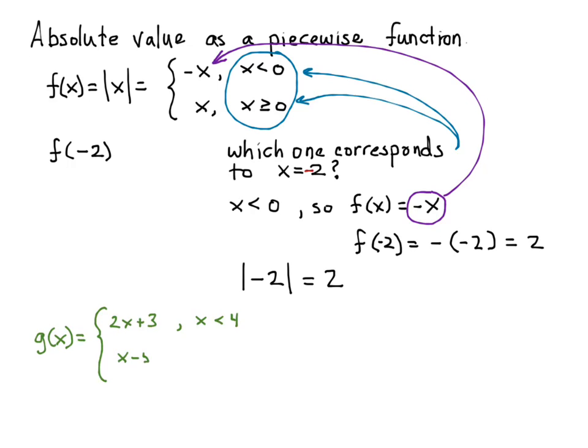Now here's one, and I make kind of a funny little mistake here. If I take g at x equals those two descriptions, so when x is less than 4, g at x is 2x plus 3. And when x is greater than or equal to 4, it's going to be x minus 5.